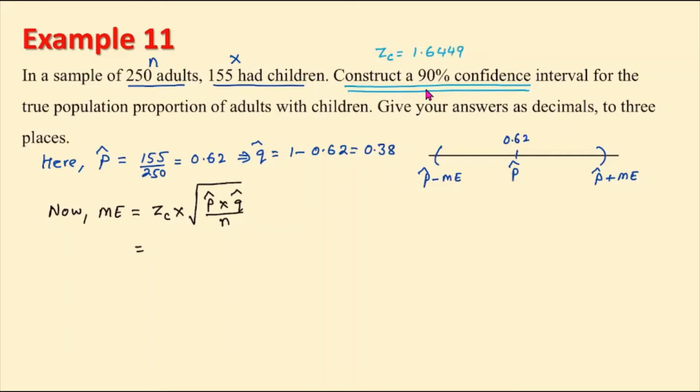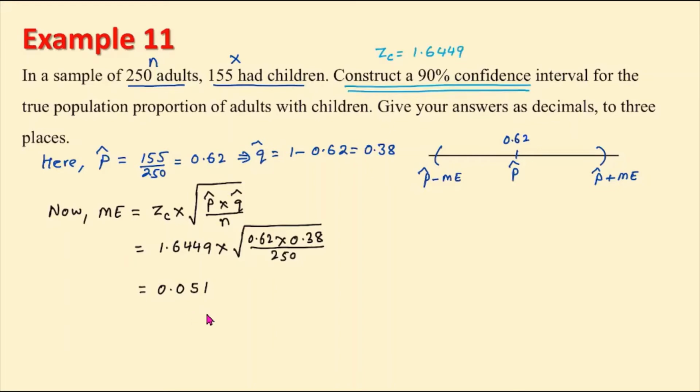So we are going to use that value, 1.6449, multiplied by the square root of p hat, which is 0.62, times q hat, which is 0.38, divided by n, the sample size, which is 250. And now if we simplify this, we'll get 0.051. So that is the margin of error.